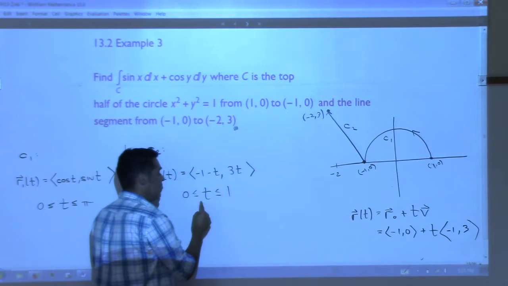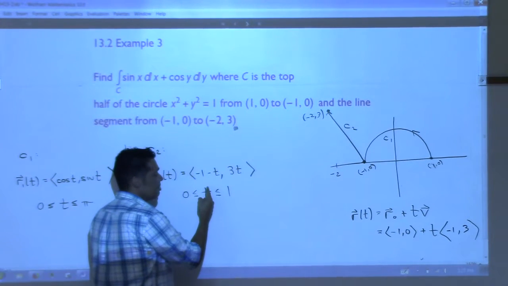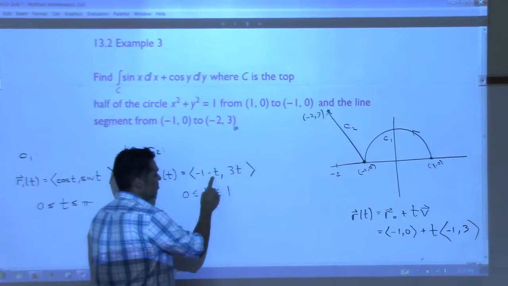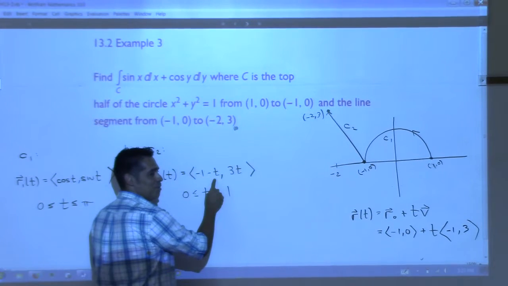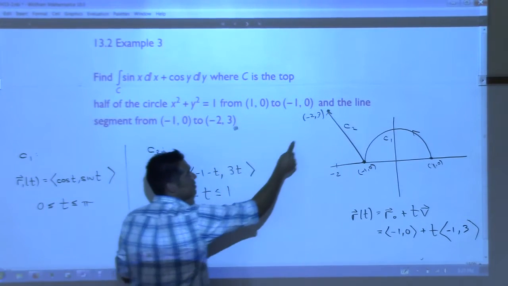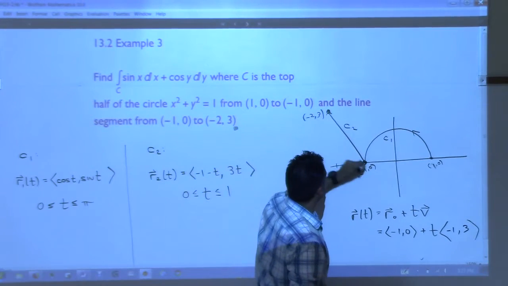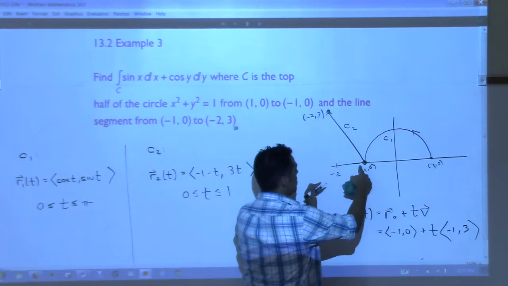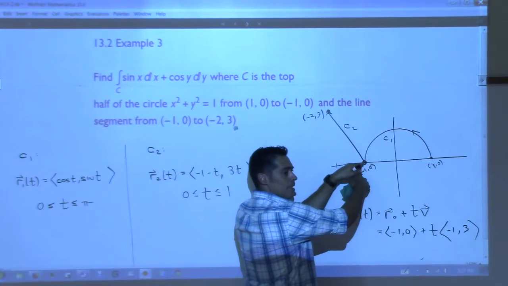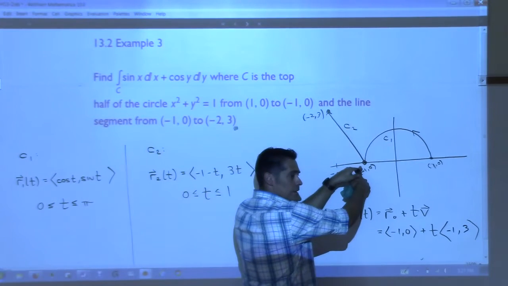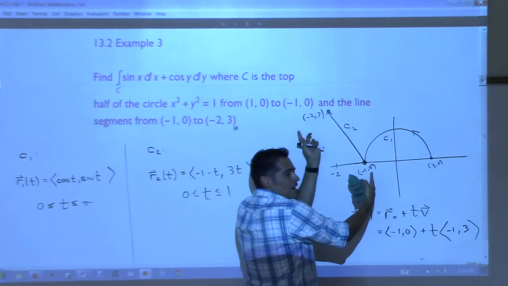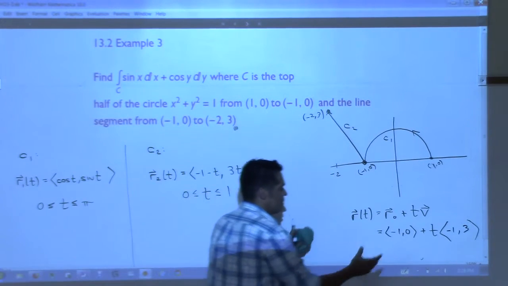Now plug in 1. Where are you? Negative 2, 3, right? Which puts you here. So from t being 0 was here and t being 1 was here, and that means everything in between, you're going to go from here straight to here. Is that enough? It's the way you do it initially.